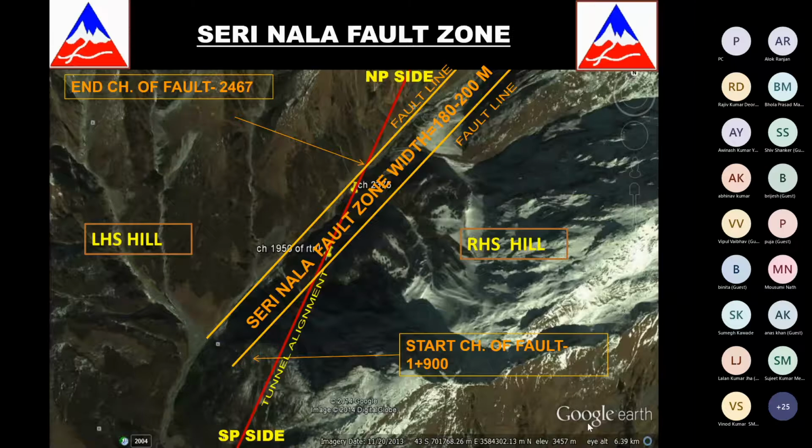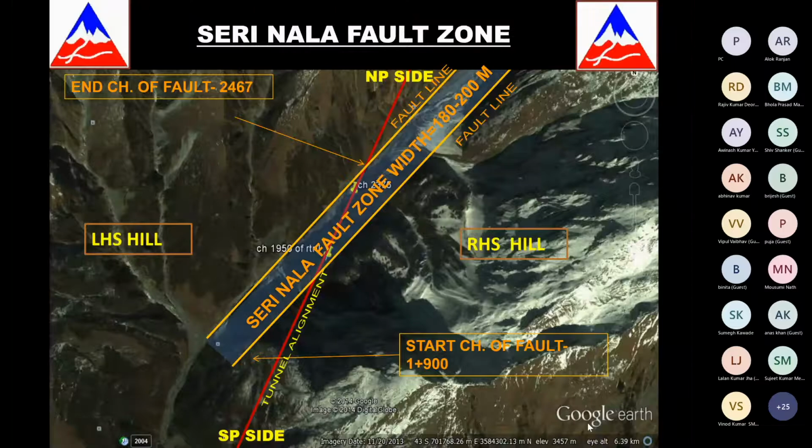This fault plane was known to us in the DPR stage, but we did not expect it to be as deep, or to have so much interaction with the tunnel which was passing about 300 to 400 meters below this nala. And that is what surprised us on the site when for the first time the muck flows came in.